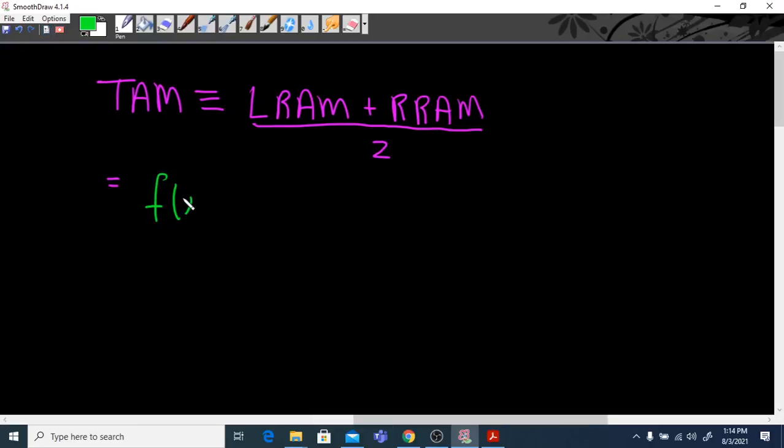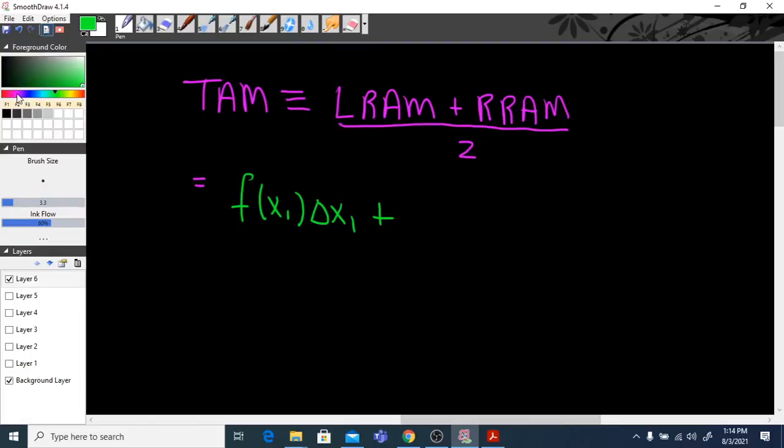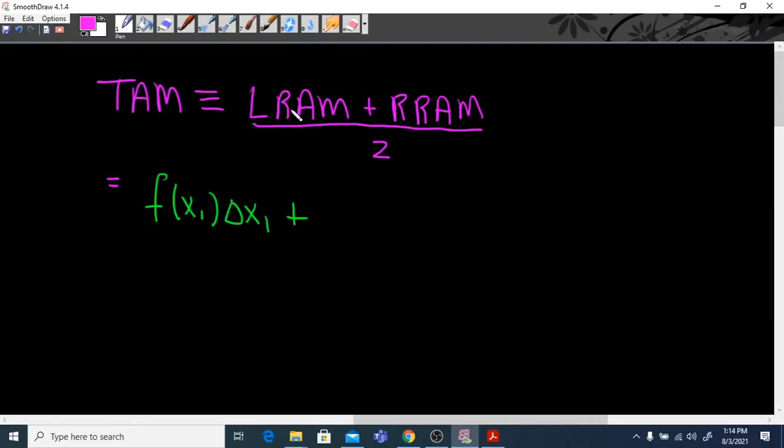So this is going to be f of x1 delta x1, plus the second x value, f of x2 delta x2, plus, and we're going to keep doing this until we get to the one right before the last one.